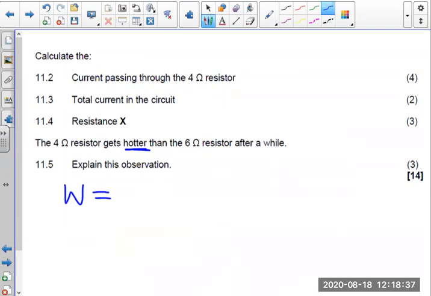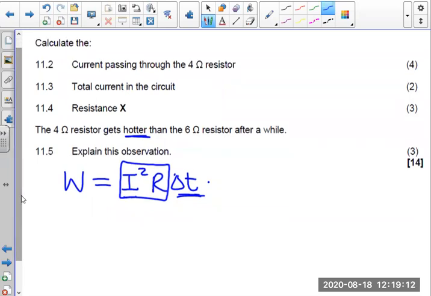Looking at this equation, I squared R delta T. For the same time interval, the time stays the same, so I squared R delta T will be greater for the 4 ohm resistor than for the 6 ohm resistor, because more current goes through the 4 ohm resistor. Now let's see if that is true.